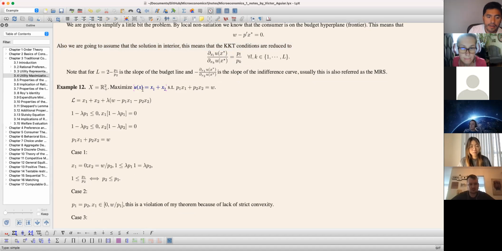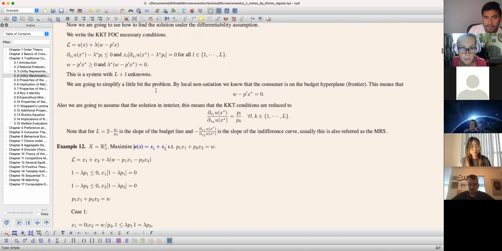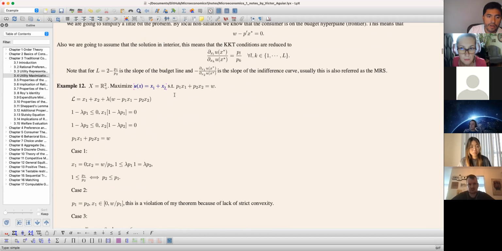The KKT are basically Karush-Kuhn-Tucker conditions, and they will tell you the following. Start with a Lagrangian. You write down the utility plus a multiplier, the Lagrange multiplier, times the constraint, W minus P1 x1 minus P2 x2.